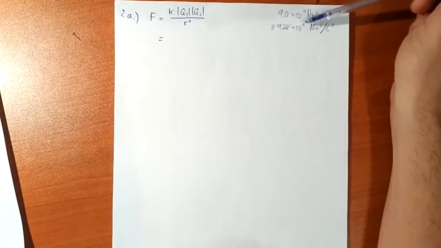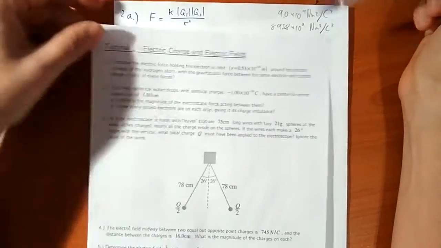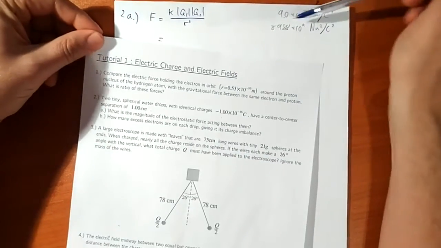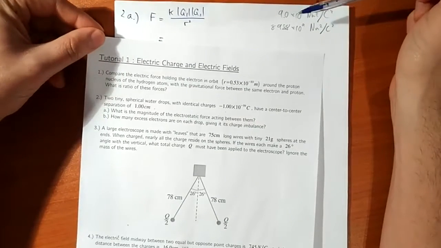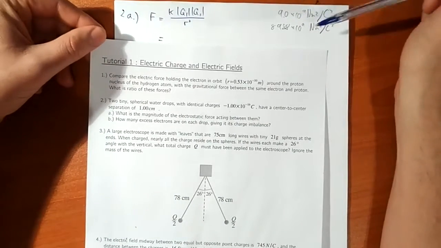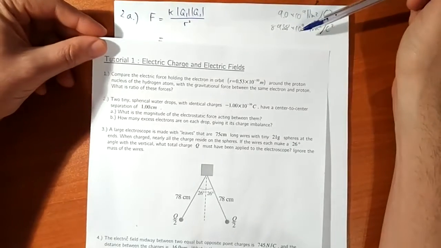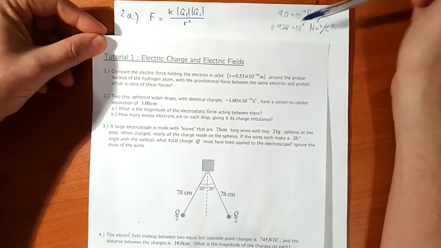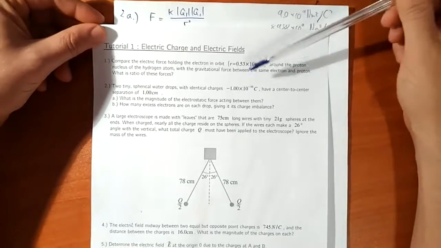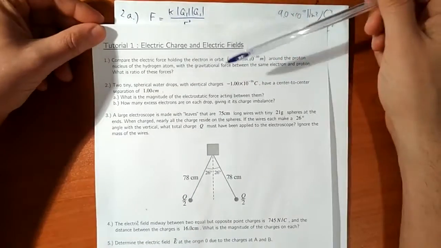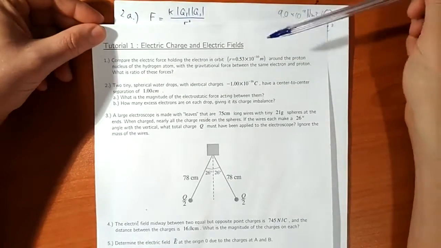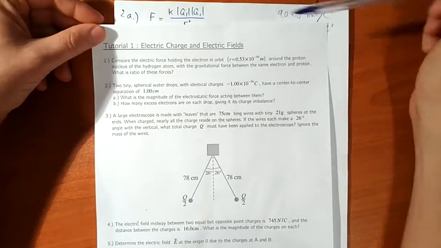How am I going to reason about this? Well, what accuracy do I have? If I have a lot of accuracy in terms of the values given by the question, then I'd rather use the more accurate value for K. If I have much less accuracy, then I'd rather use the other. I have the charge and the distance between them given to 3 significant figures.